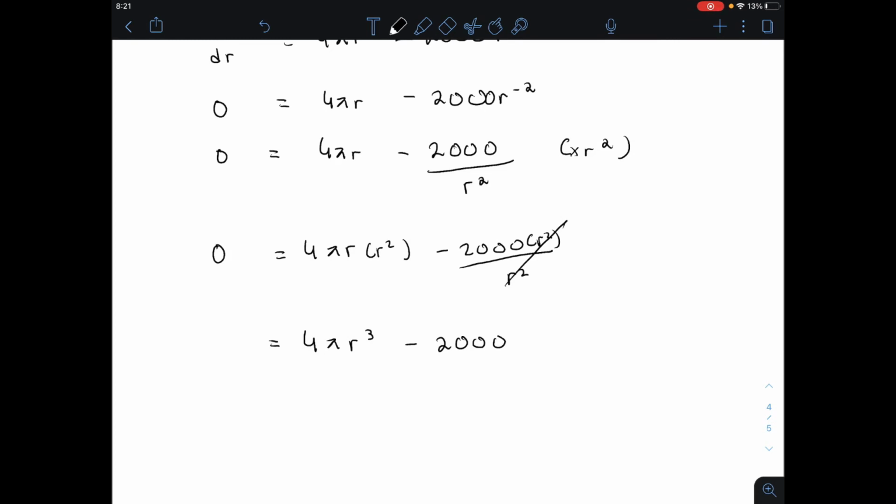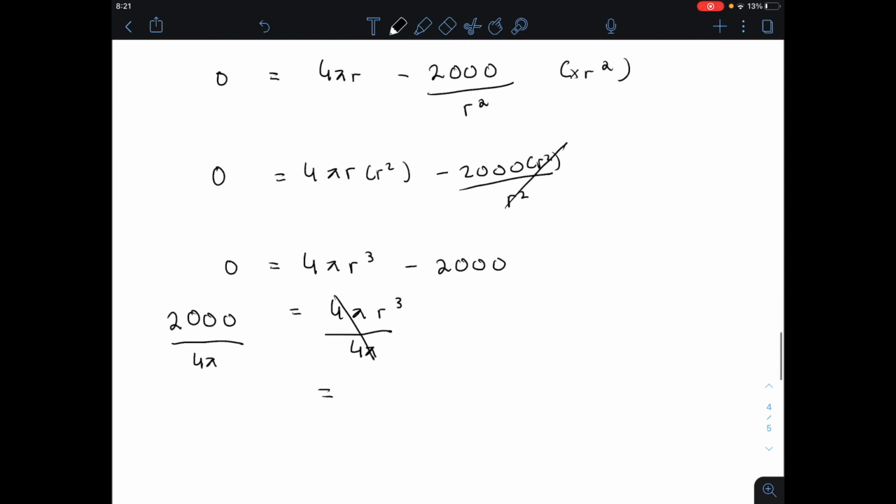From here, to solve for r, I want r on one side of the equation and everything else on the other side. Let's move my 2000 to the other side of the equal sign, and I'm left with 2000 is equal to 4 pi r cubed. I want r on its own, so I'm going to divide both sides by the value attached to the r, that's 4 pi. I'm left with 2000 all over 4 pi is equal to r cubed. I want to find my value for r now, so I cube root both sides of my equation to get rid of that cube.